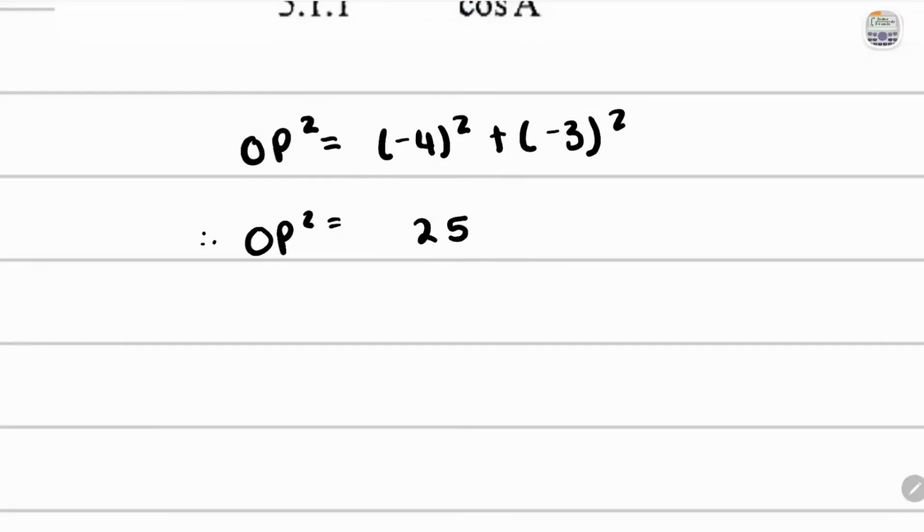When we square root both sides, remember you have to include the positive and negative solution. But OP is a length, it's a radius, so OP is always positive, meaning OP equals 5 units.